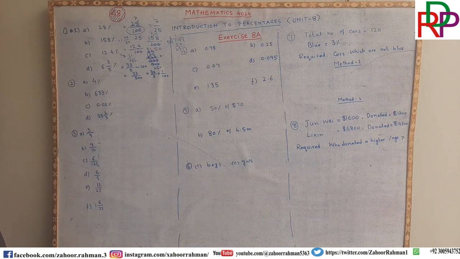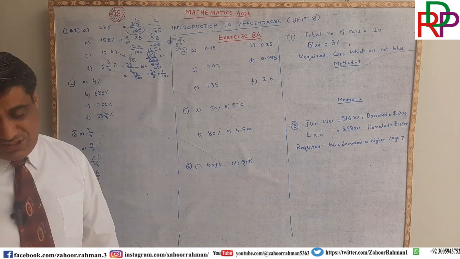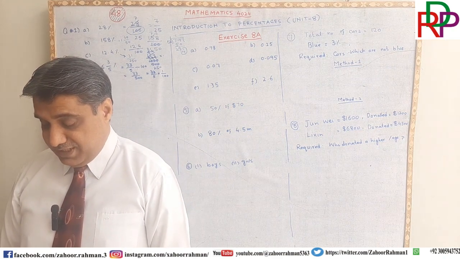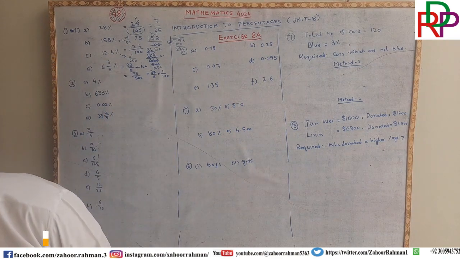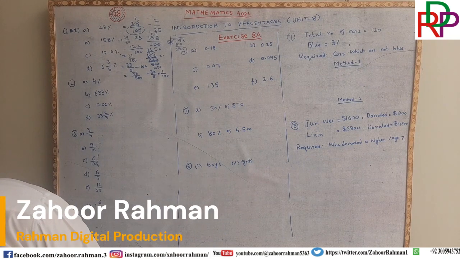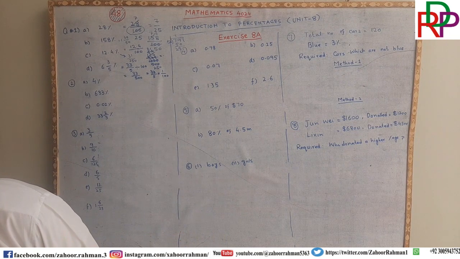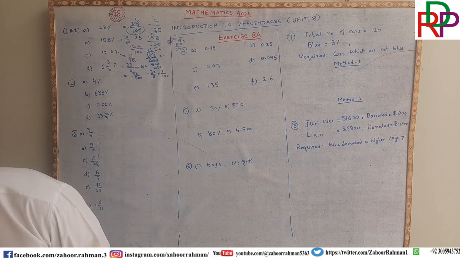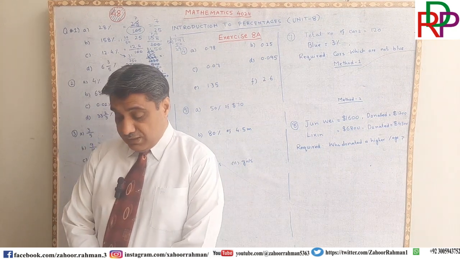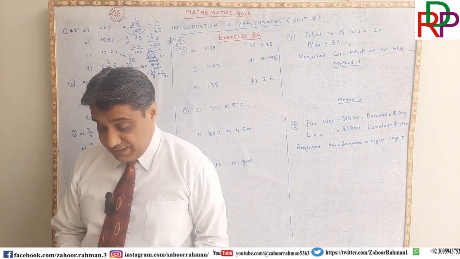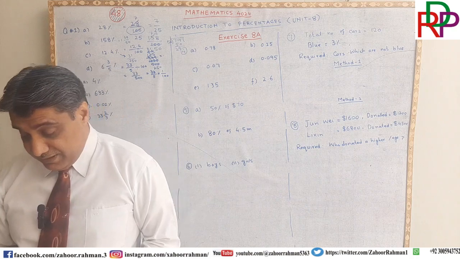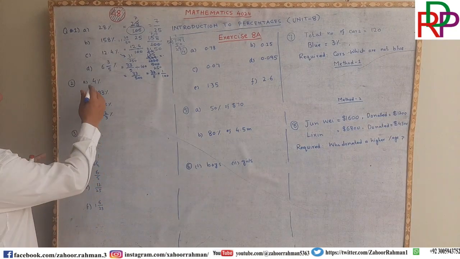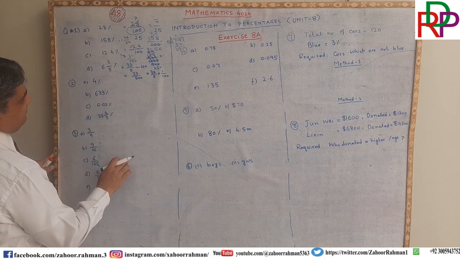Now the second question is saying: express all of the percentages as what? You have to write it in the decimal form. So now you have to introduce the decimal form.